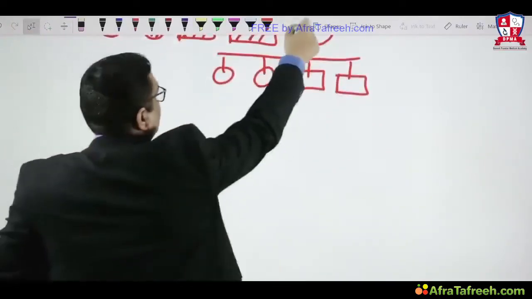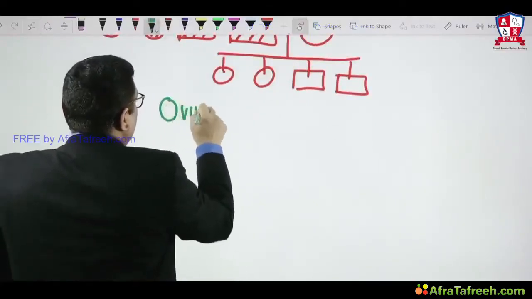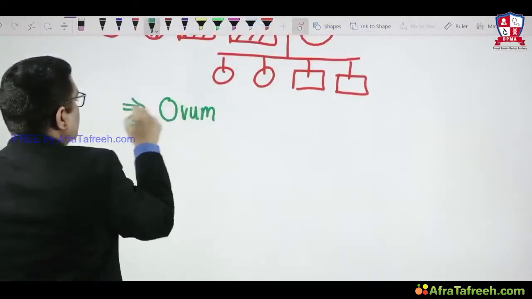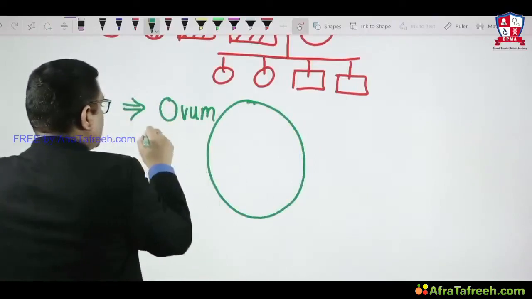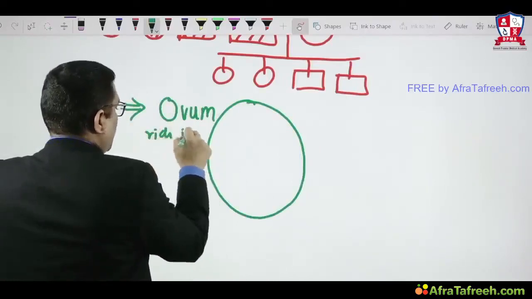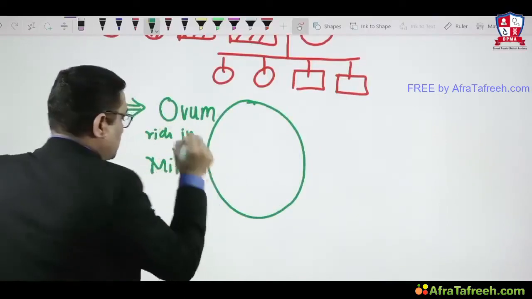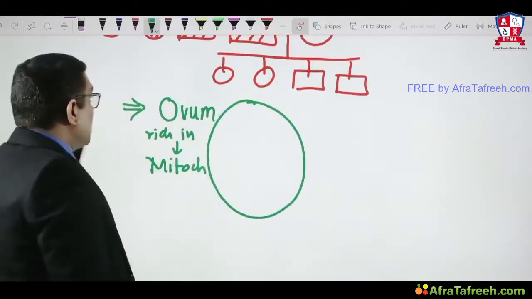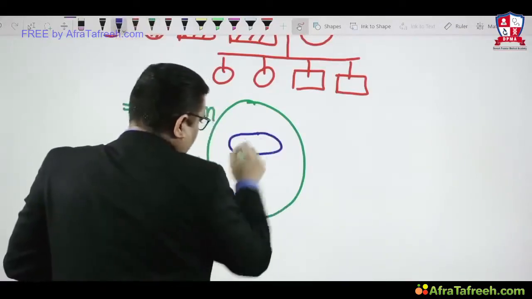Why is the mother transmitting the disorder? Now we will see. Because the ovum is rich in mitochondria. Suppose I am just drawing this ovum. Ovum is rich in mitochondria. These are the mitochondria.